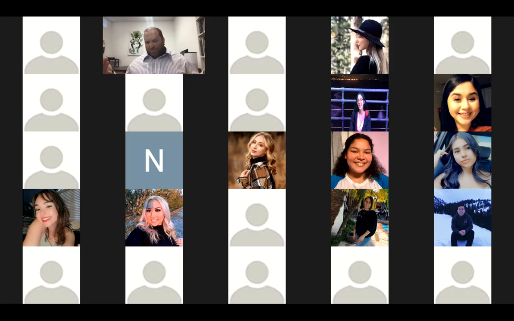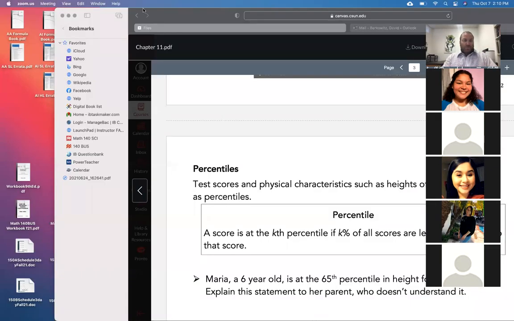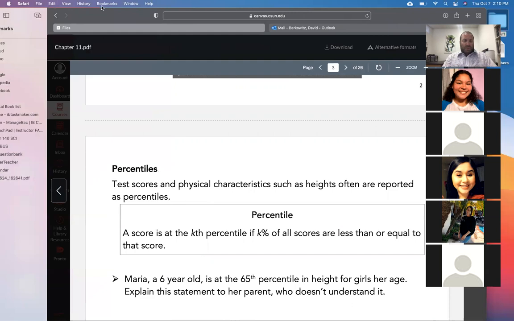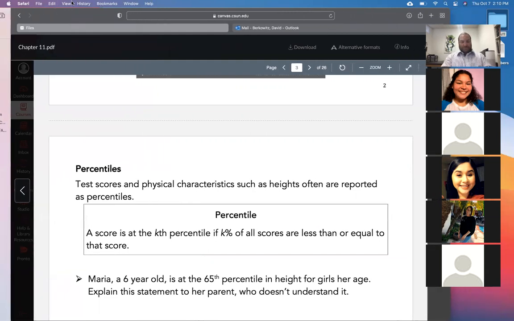You're probably familiar with this from life, something like, oh yeah, you scored in the 90th percentile on this standardized exam, or your child is in the 78th percentile in height or weight for their age group, etc. This idea of percentiles pops up a lot in real life. So let's talk now about the concept of a percentile.